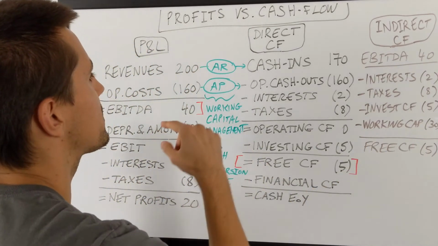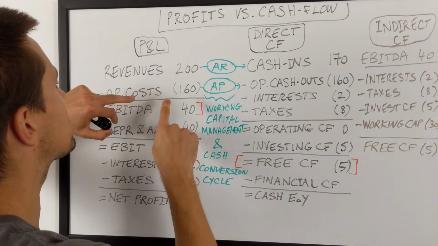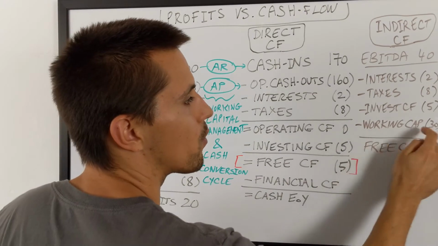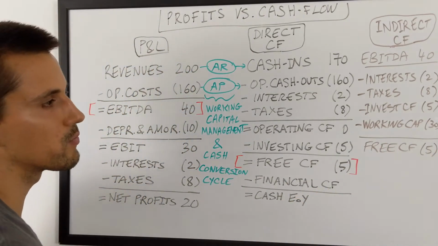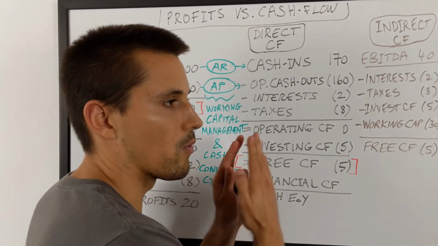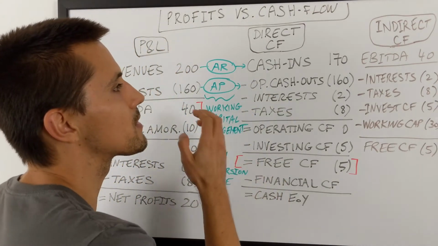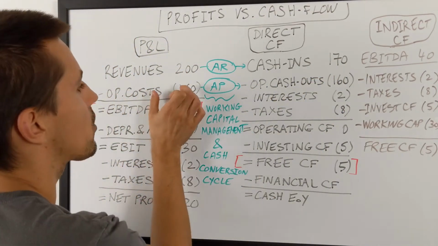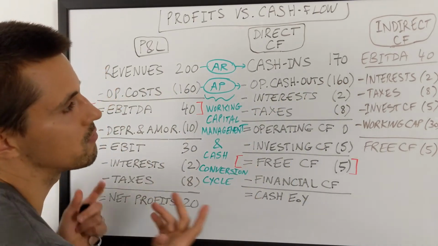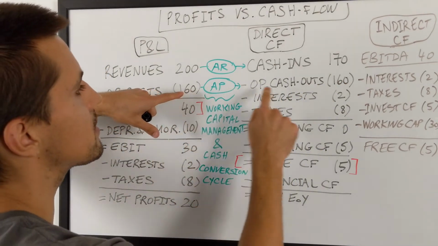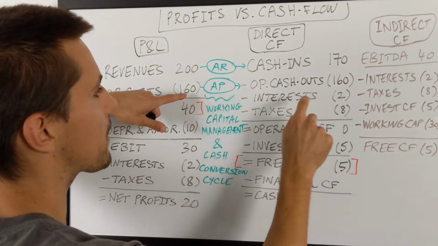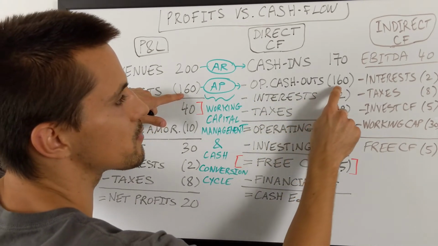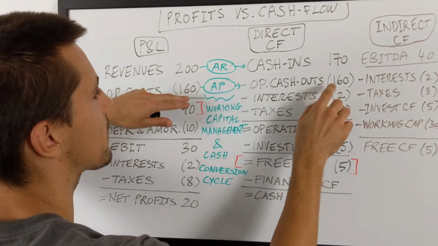And then what I just mentioned before, as you can see, we're talking about working capital. What happened in our working capital? Did we have some delays between revenues and cash ins and costs and cash outs? Now let's look at it. First of all, easy stuff. Accounts payables, nothing, because we had 160 of costs and 160 of cash outs, so exactly the same.